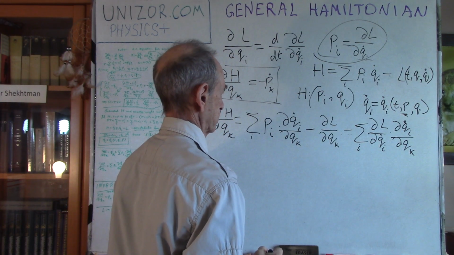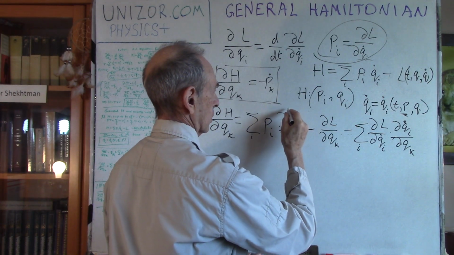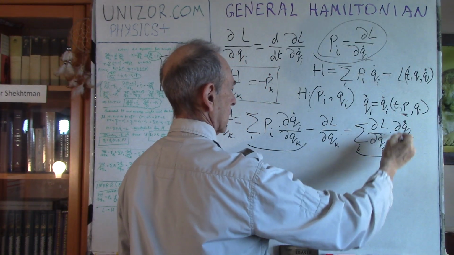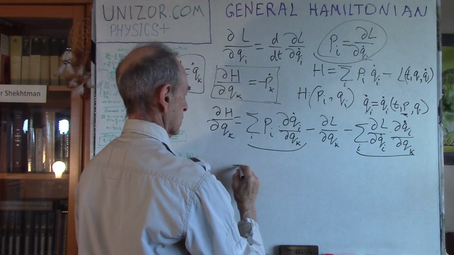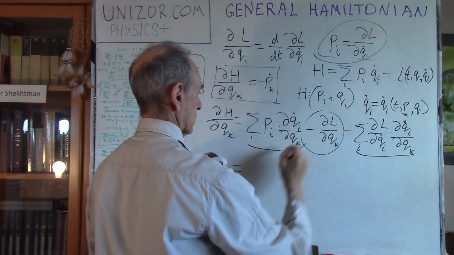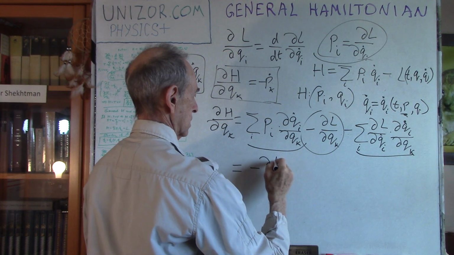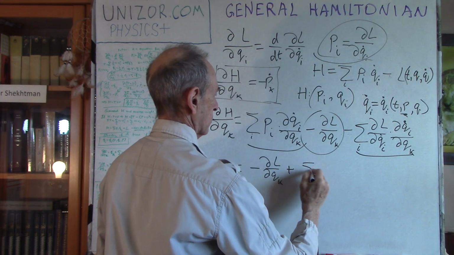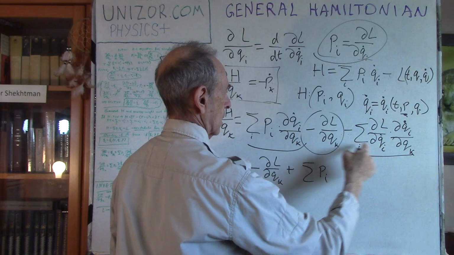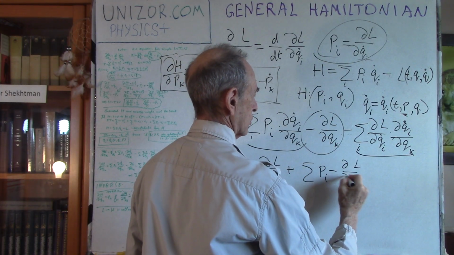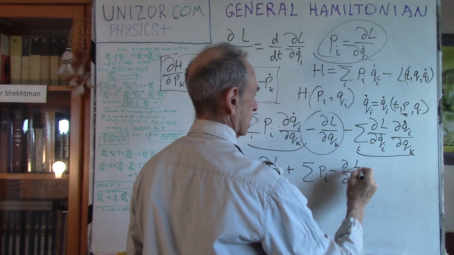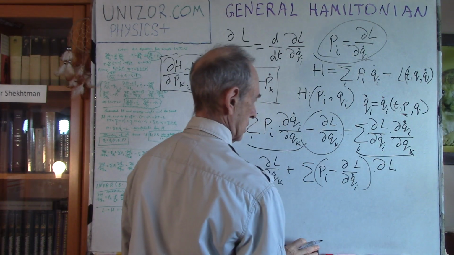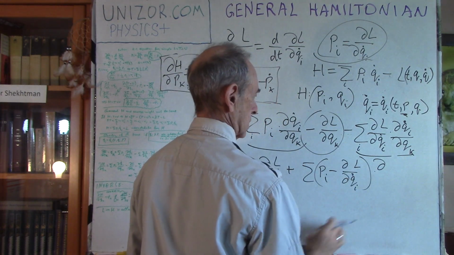So what's here? Well, look, this one and this one have dqi dot by dqk as a common factor, so it should be equal to, now this is separate, so this one minus dL by dqk plus sigma pi minus dL by dqi dot times this, sorry, times this.